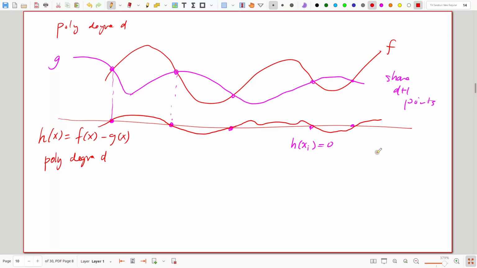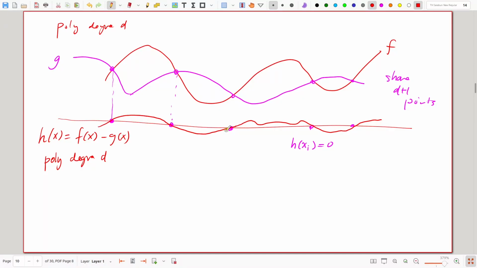Now, how many roots does h have? h has d plus 1 roots. A polynomial of degree d with d plus 1 roots is 0, because a non-zero polynomial of degree d has at most d roots, but h somehow has d plus 1 roots, so it has to be 0.